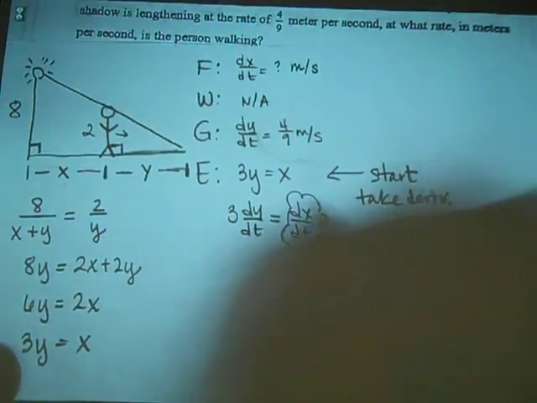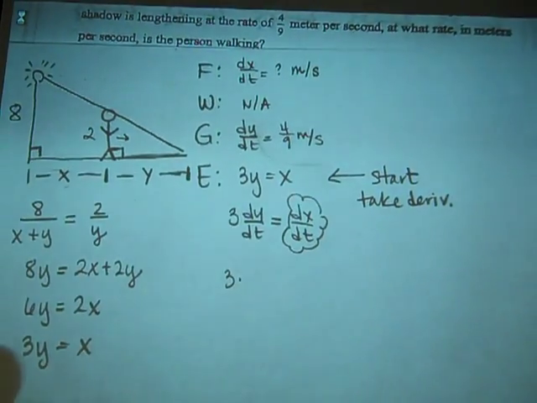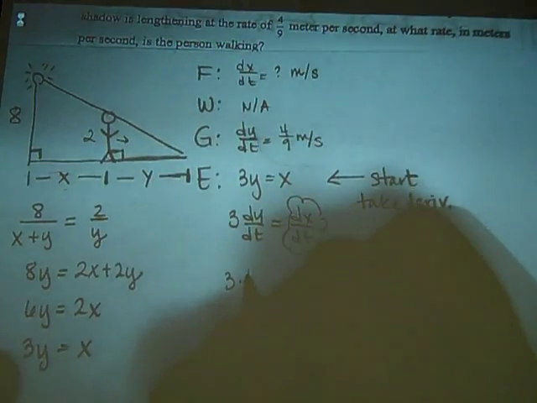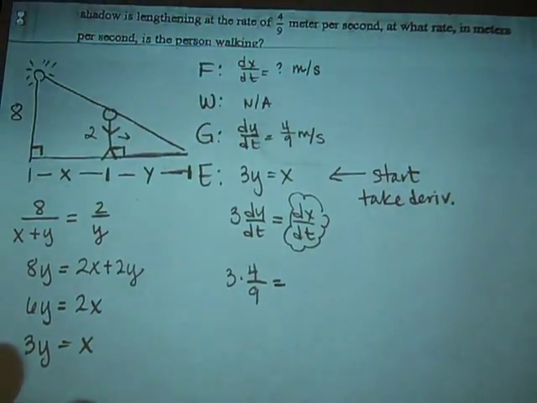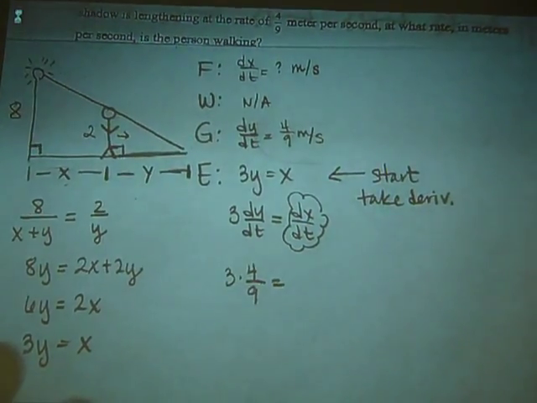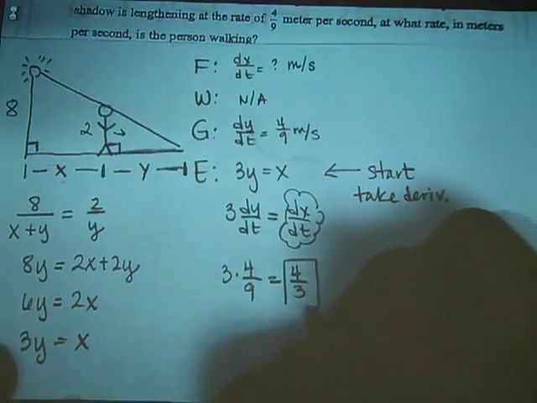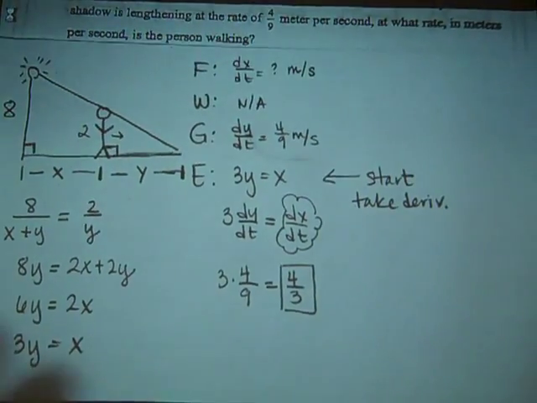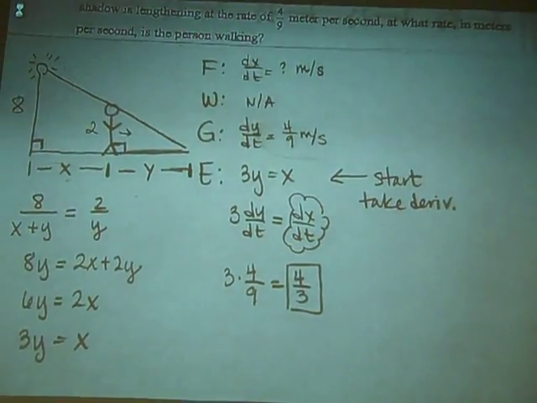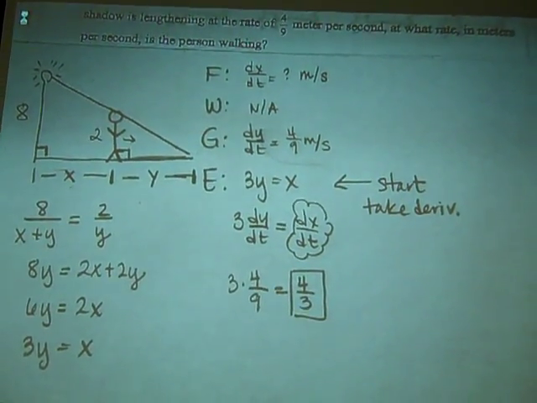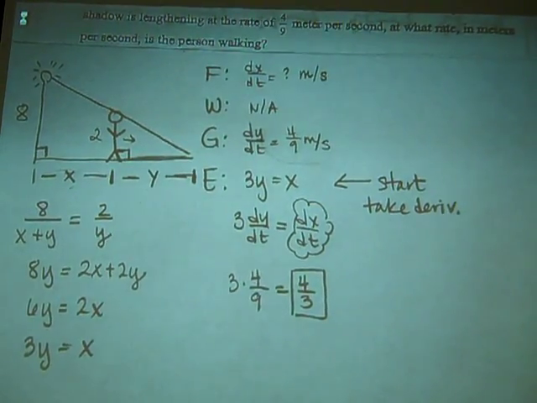Do I have everything else? dy/dt is 4/9, and 3 times 4/9 cleans up to 4/3. So the Pythagorean theorem, geometry formulas, and similar triangles are very common ways of connecting unknowns in different stories.